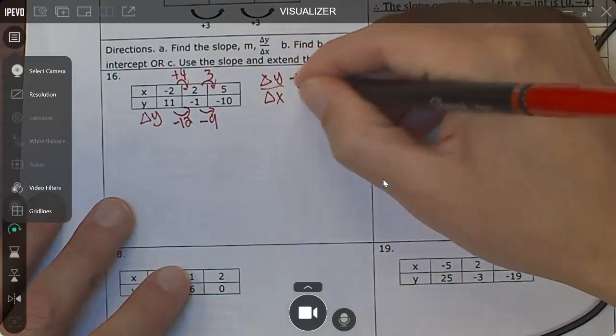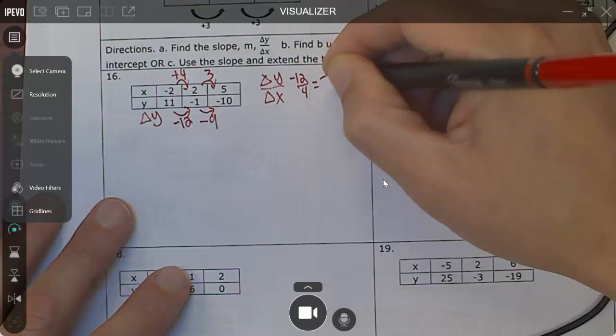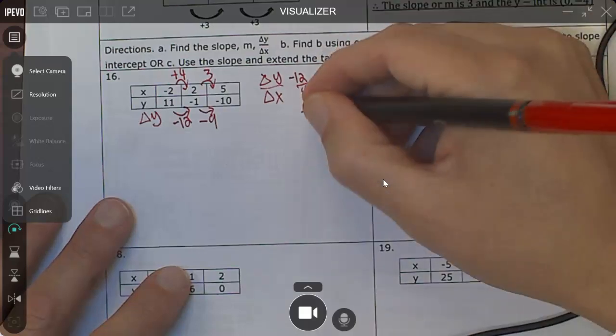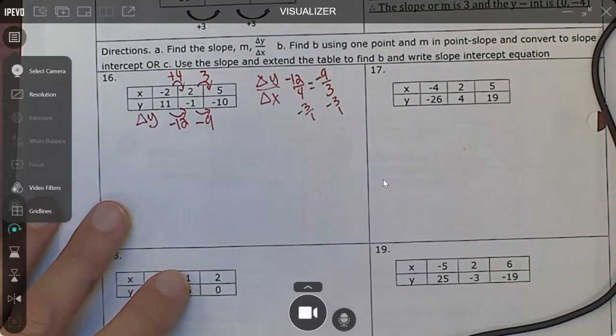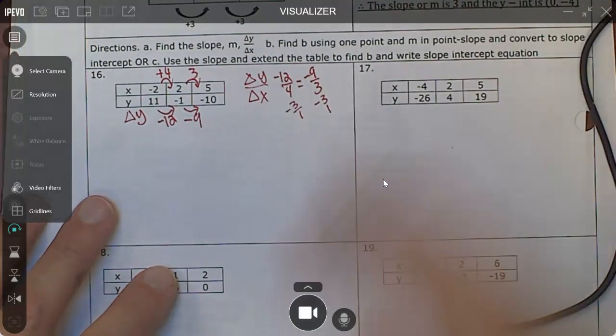You get negative 12 over 4. It's the same as negative 9 over 3. They both come out to negative 3. It says find B using point and M in point slope.